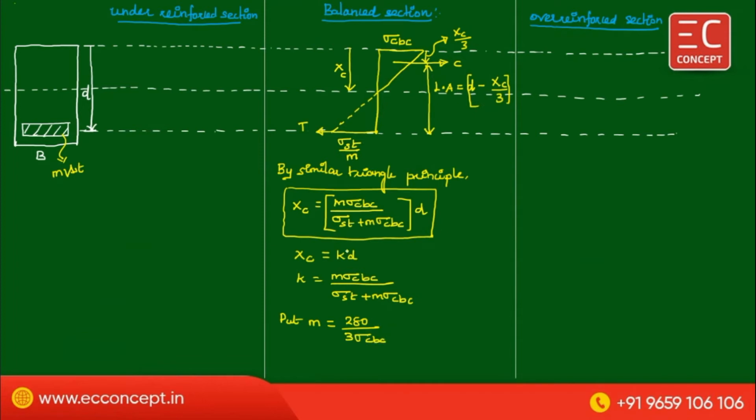If we substitute this in XC, XC becomes 280 divided by 280 plus 3 sigma ST, into D. From that we can conclude XC depends only upon grade of steel, not grade of concrete.